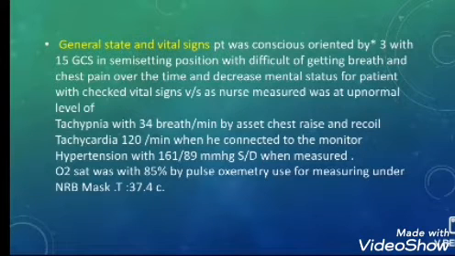His vital signs were checked by a nurse: 35 breaths per minute, tachypnea, with chest rise and recoil when assessed; tachycardia at 120 beats per minute on the monitor. The patient was hypertensive at 161 systolic over 89 diastolic, and the O2 saturation decreased to 85% by pulse oximetry.